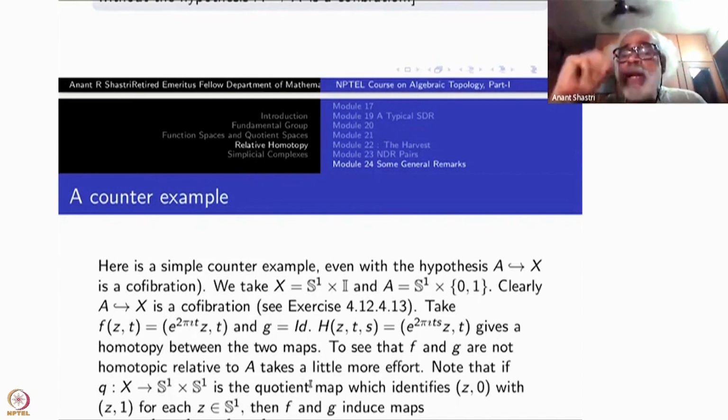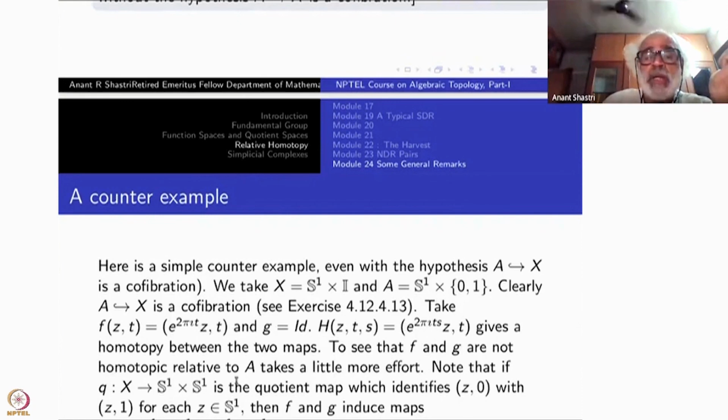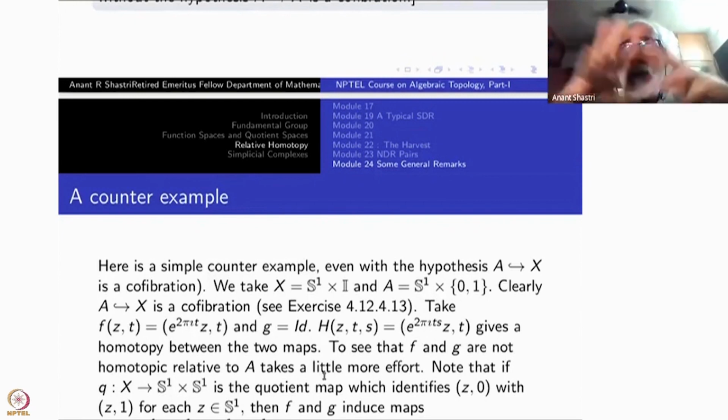I want to say that F and G are not homotopic relative to A. The points of A here in this thing are moved, they are rotated also. Okay, so relative to A, they are not homotopic. If you want to keep them fixed, they are not homotopic to each other.